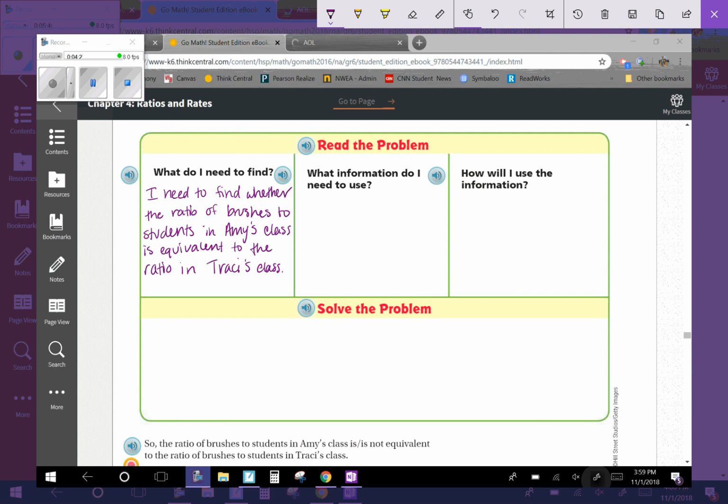What information do I need to use? I need to use the ratio of brushes to students in each class, which is 6 to 4 and 9 to 6.